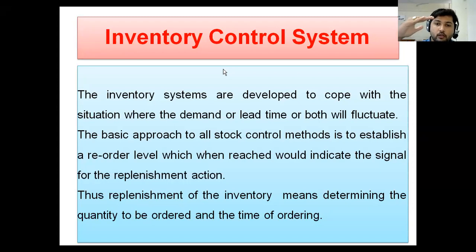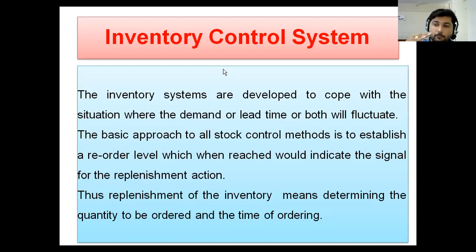In this inventory control system, most of the time the ROL level plays a very important role, because when we understand the ROL level and we know how much lead time is required to get the material in the stock, that lead time will be considered, and on that basis the order will be provided.